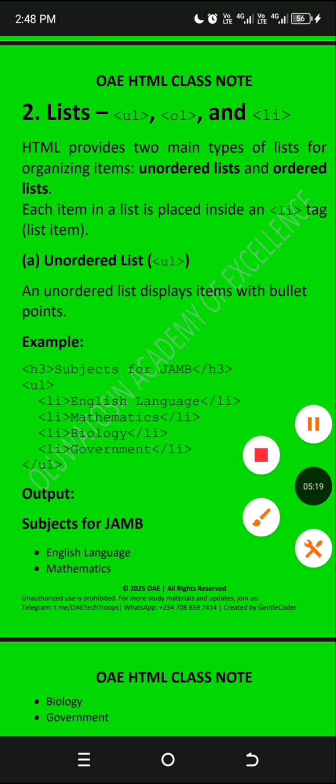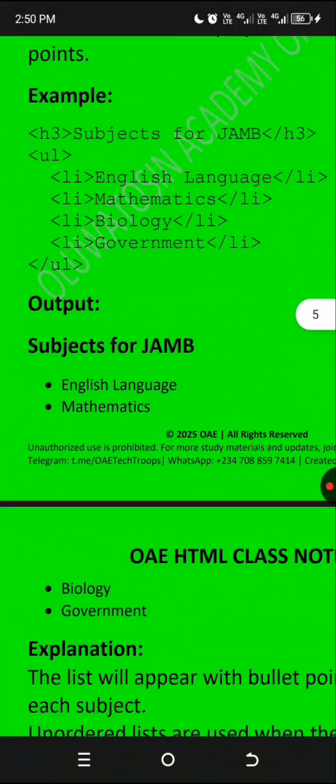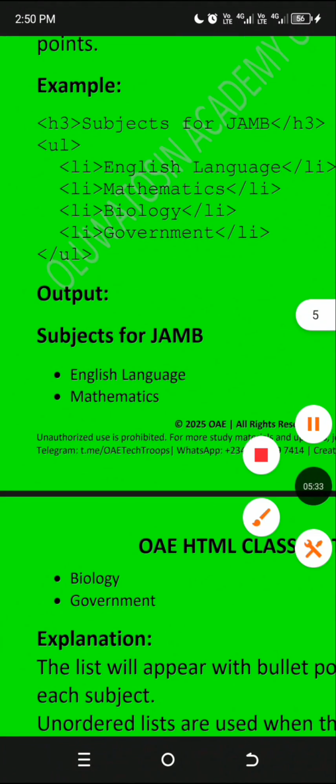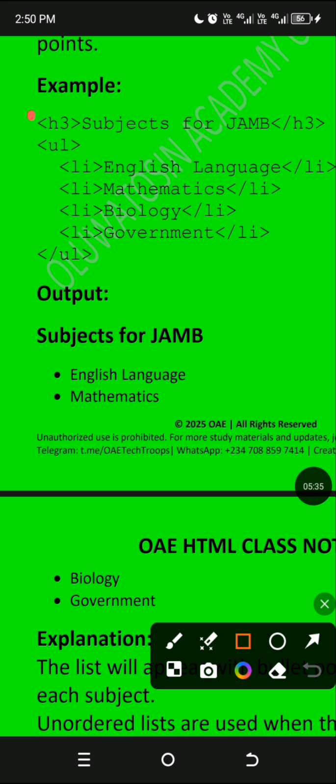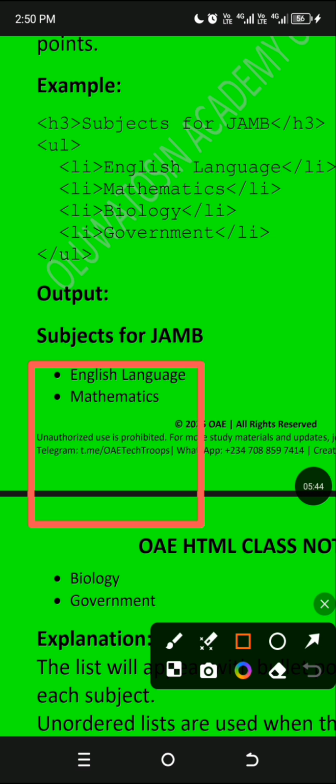The unordered list uses bullet points, as you can see here. This is the code, while this is the output, which uses bullet points.